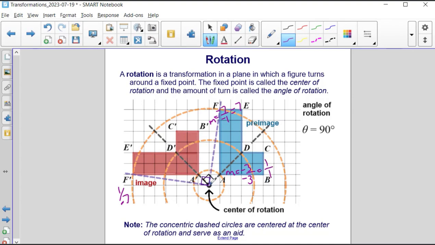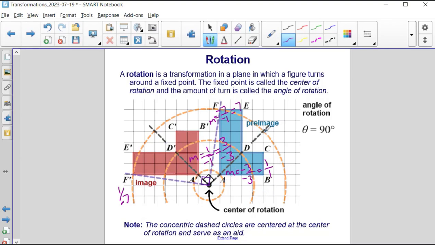And then to get to D prime, I'm going to have the opposite reciprocal slope, which is going to be +1 and a -1. So a -1 slope. And because of the orientation, we're going to go up 3 and to the left 3. So we went +3 and -3.